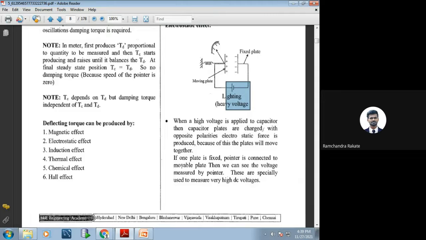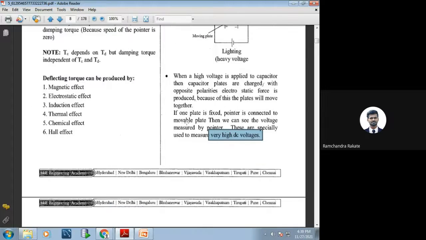These are especially used for the measurement of high DC voltage. Very high DC voltage can be measured through the electrostatic effect.